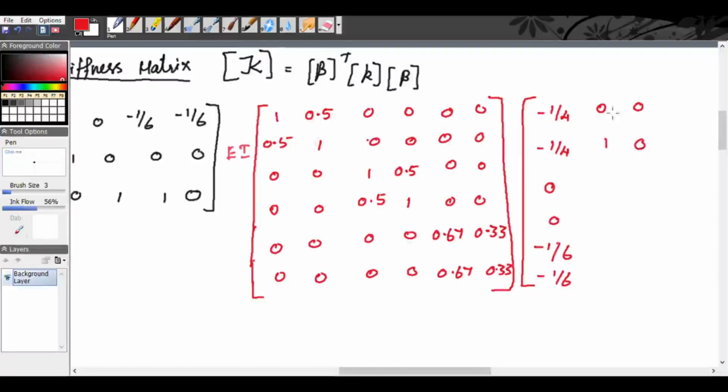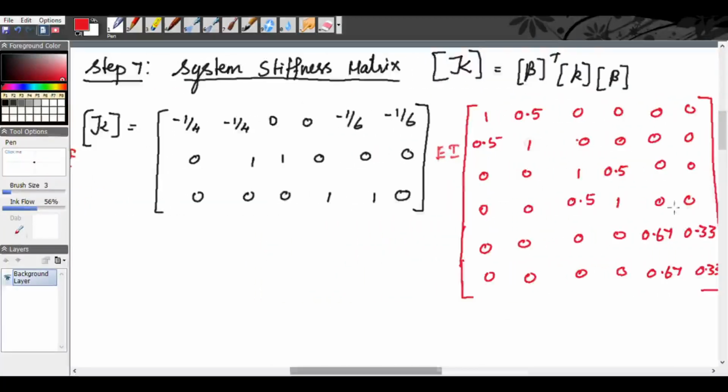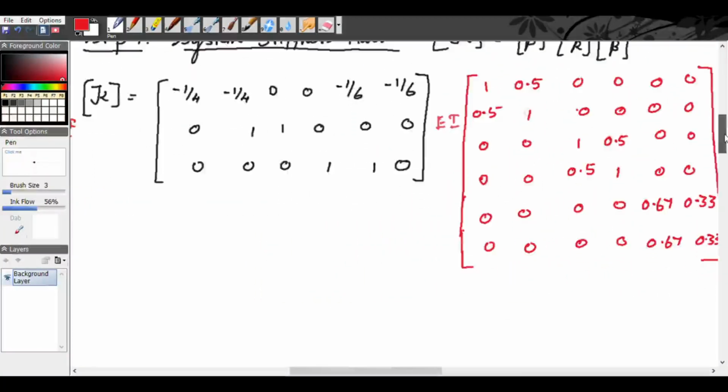Here it is 0, 1, 1, 0, 0, 0, 0, 0, 0, 1, 1, 0. Okay, so now we will solve this K matrix.